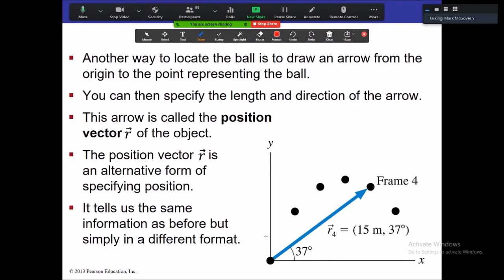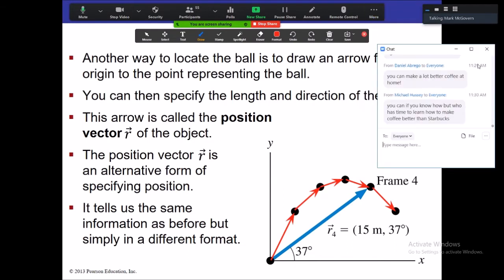Let me draw your displacement vectors right here. That's one displacement vector. That's two displacement vectors. There's a third one. Here are my displacement vectors. So pretty. Now, it's very easy. I don't even have to have a coordinate system. I can just draw these lines.